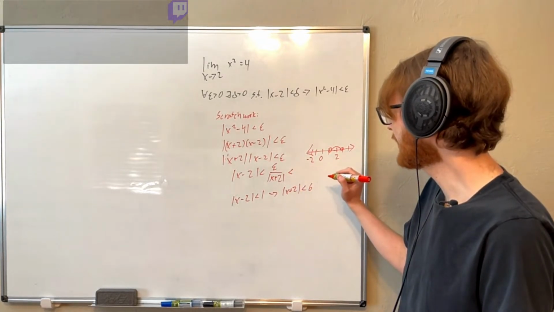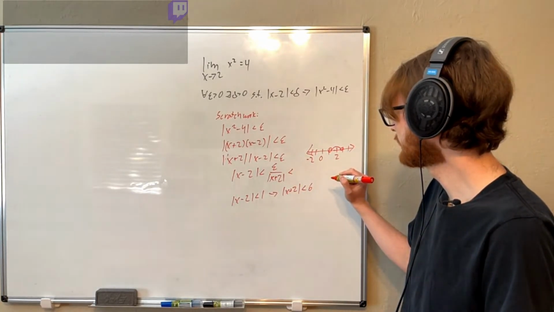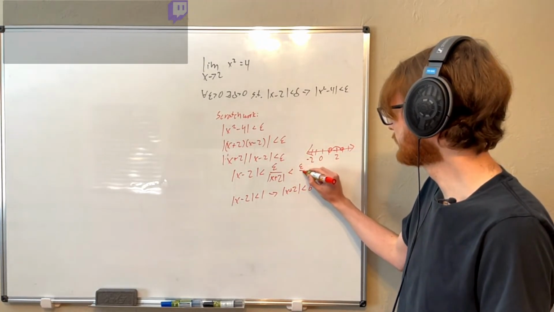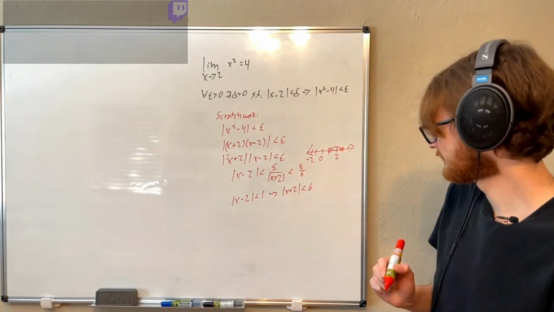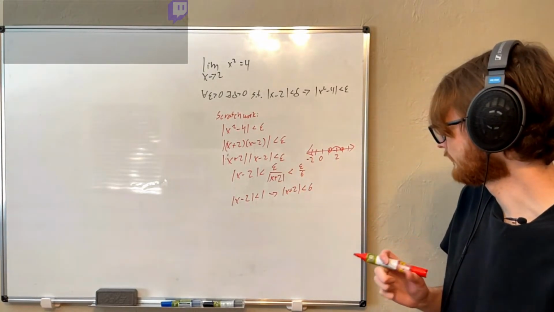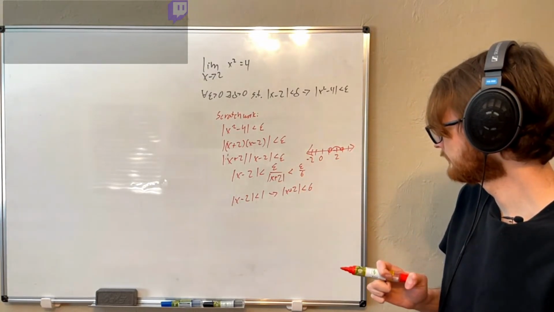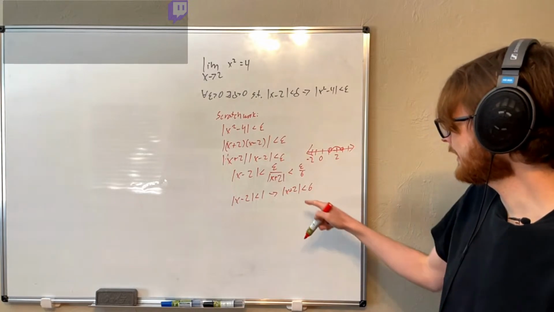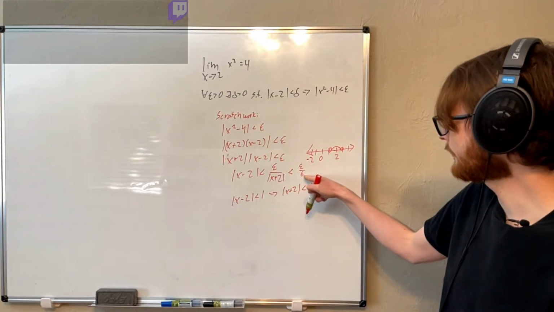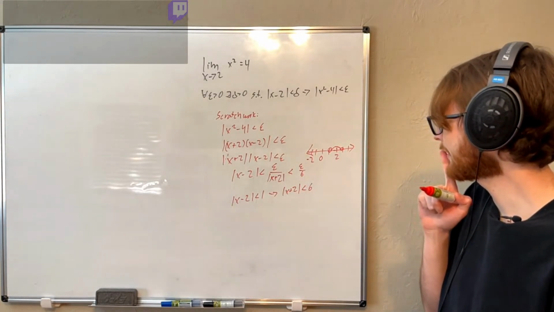So would we say epsilon over 6? If we're dividing by a bigger number, isn't this smaller though? So that doesn't really make sense.